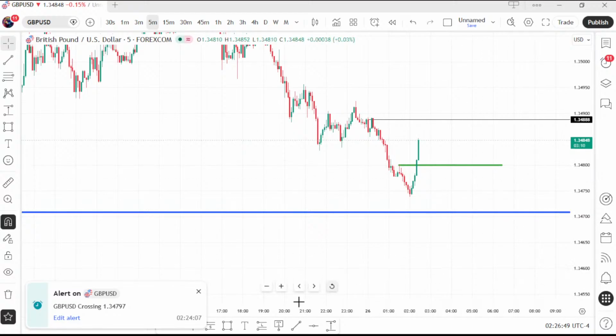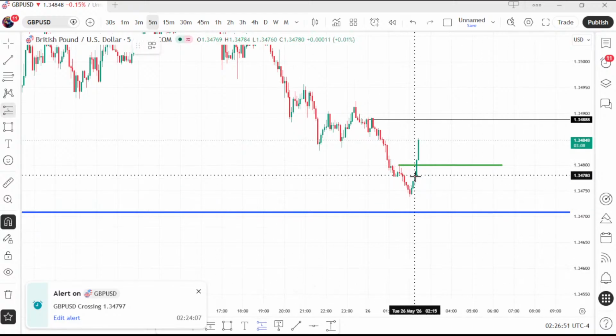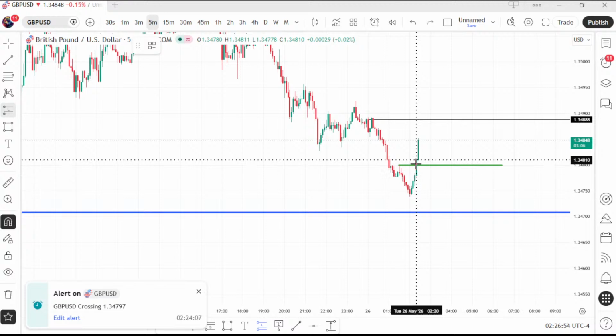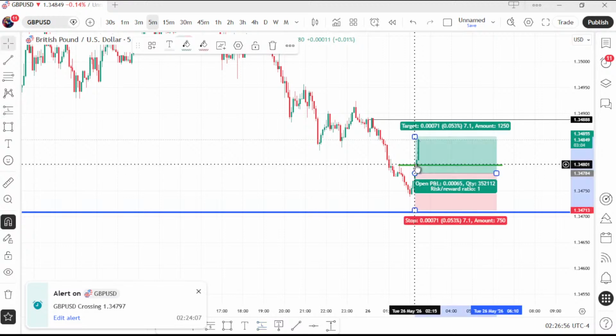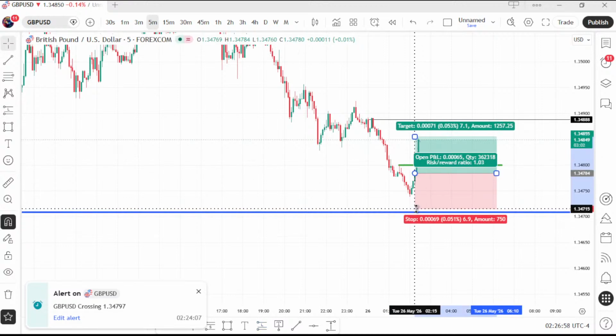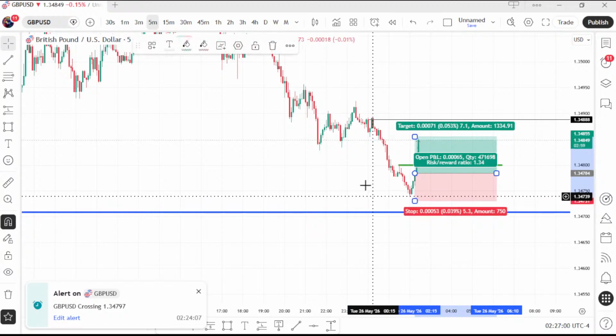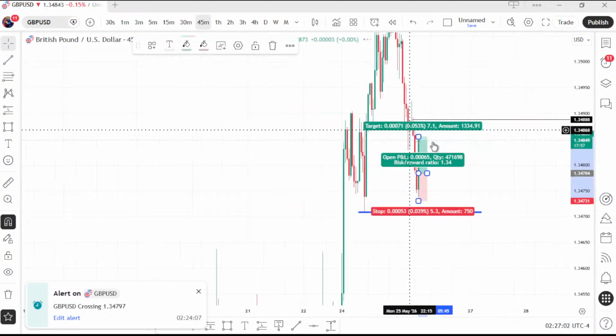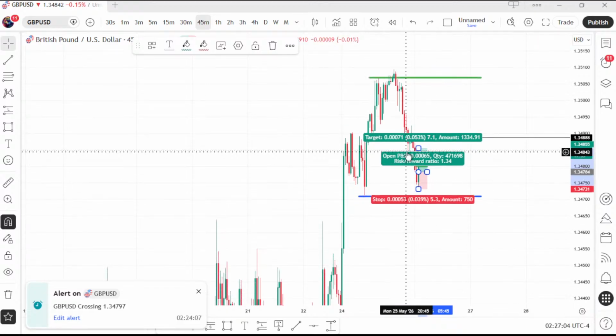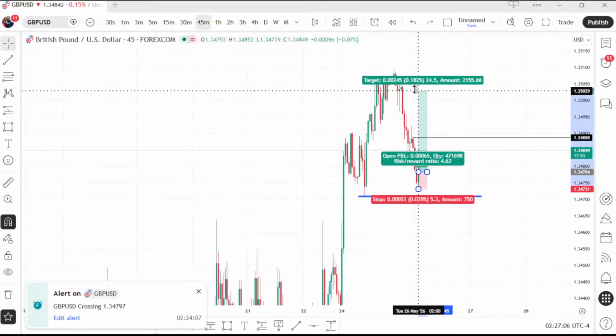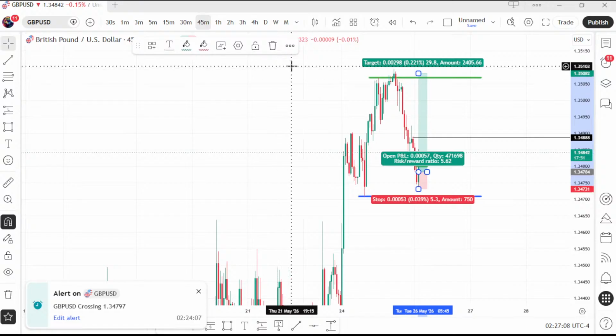See it? Let me put that long there. Risk that. Boom, that's an entry to a fair value gap.